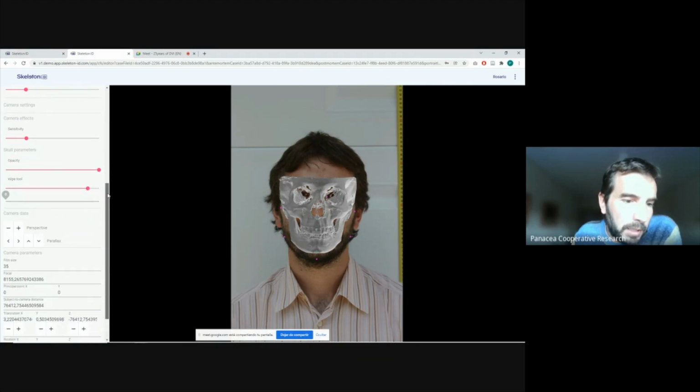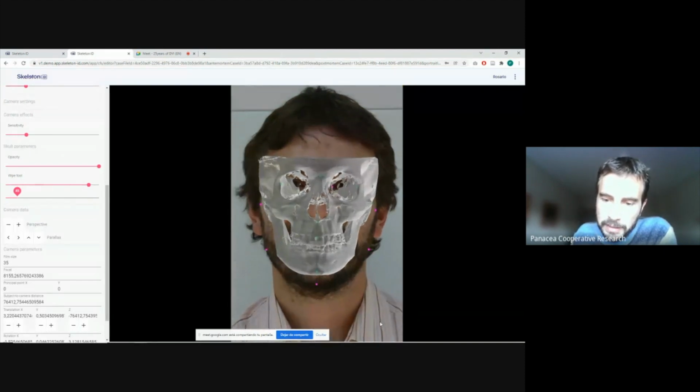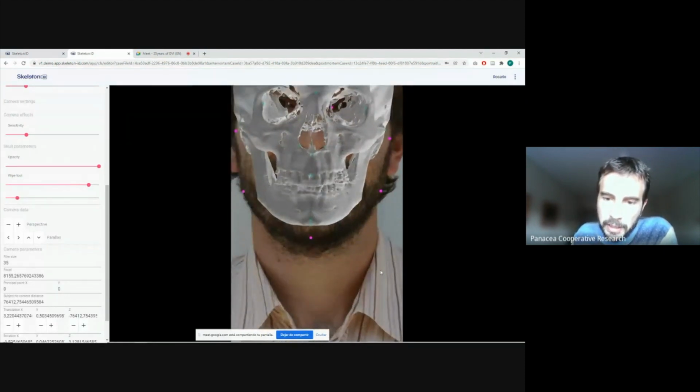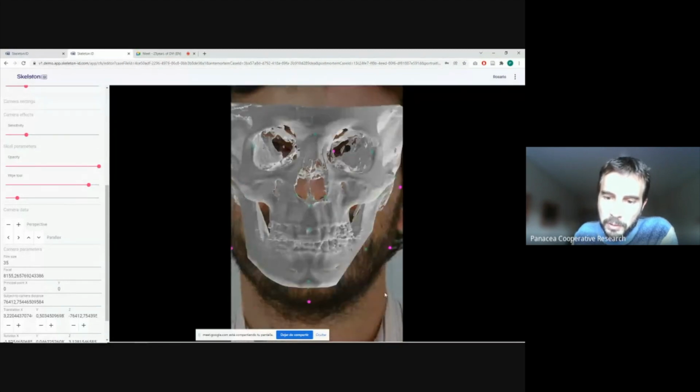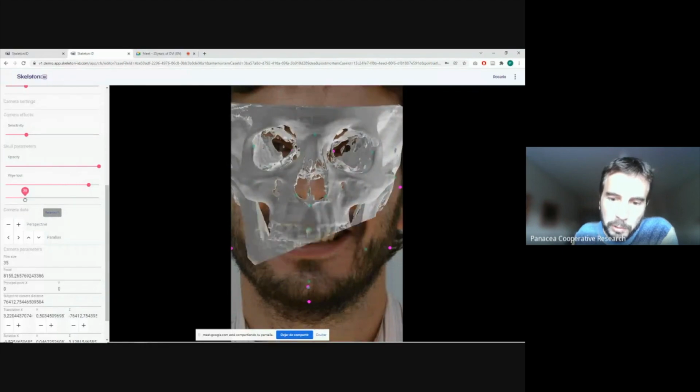Another feature that can be used in the field of dental identification: as I said, we have a module for craniofacial superimposition, but when someone is smiling in the photographs, we could use this module to check the teeth.